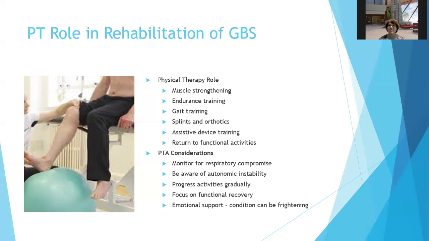So they might have orthostatic hypotension, or they might have trouble controlling their temperature because of the effects on the autonomic nerves. You should progress activities gradually, focus on functional recovery and emotional support because it can be scary. They think they're never going to get better, but they are. And so that support can be really important to them.